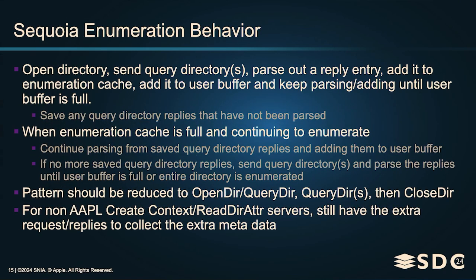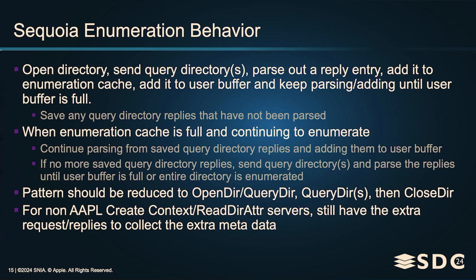So in Sequoia, the way we fixed it is it all starts the same. You open the directory, send the query dirs, parse out the replies, stuff it in your cache, and keep going. But this time, all the extra query dir replies that we've received so far, we just save. We say, well, we haven't gotten to these yet because the user buffer is full. We'll get to them soon. When we get the next enumerate request, we have these saved query dir replies.